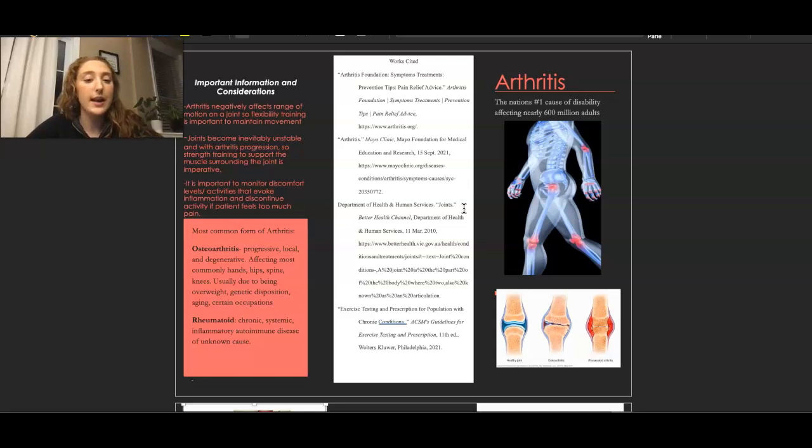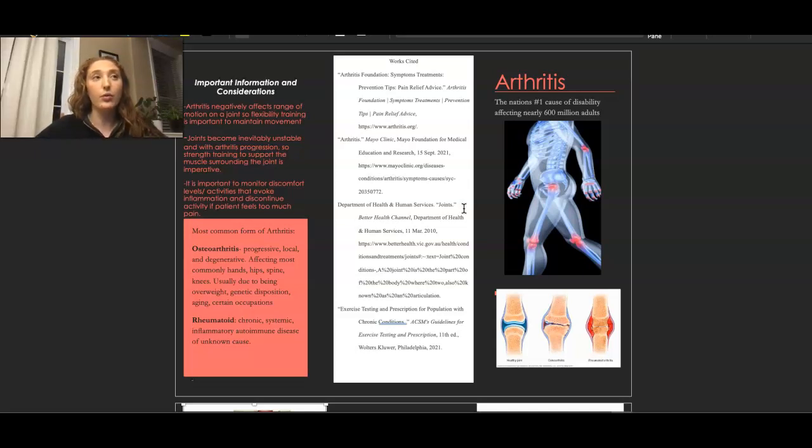That leads me right into the next point as well. The joints in arthritis can become severely unstable. So because of that, with progressed arthritis, you have a high risk of injury, a high risk of falls, high risk of tearing some tendons or ligaments as well. So it's really important to do a lot of strength training, especially around the muscles in the joint.